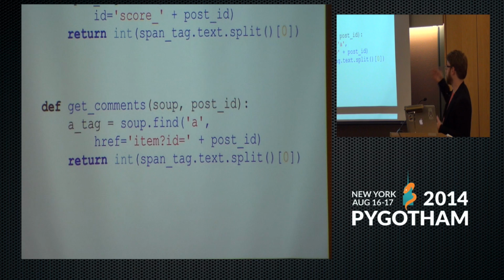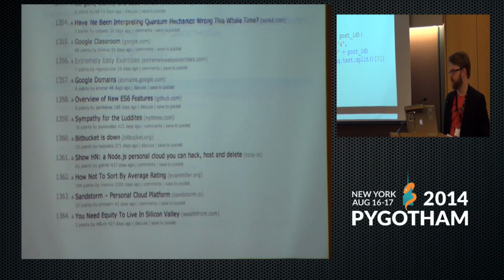So these are my functions to get the score and get the comments. And again, you see this is just find. So before I used find all, and that returned a list of things. Find just returns one thing. You'll see this a lot in this library. I'm looking for spans that have an ID that's this score plus the post ID. And inside that span is the score, and this is just a little bit of Python to split it up.